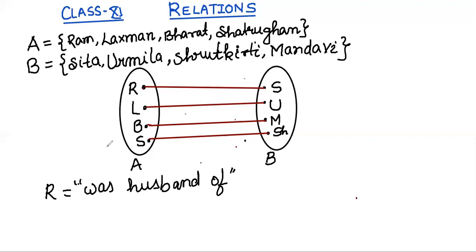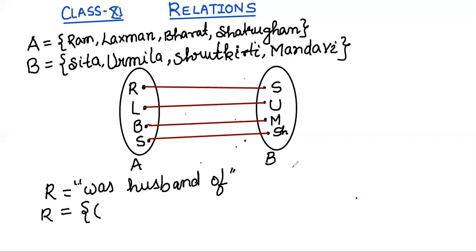So here we know that Ram was a husband of Sita, Lakshman was a husband of Urmila, Bharat was a husband of Mandavi and Shatrughan was a husband of Shrutkirti. So these are the pairs according to the condition "husband of". So according to the condition we can write here R equals to, set R equals to, first element we will write here Ram is connected to Sita.